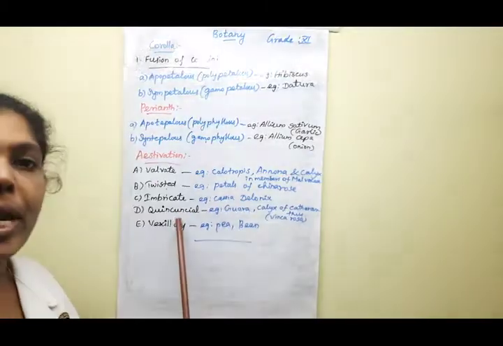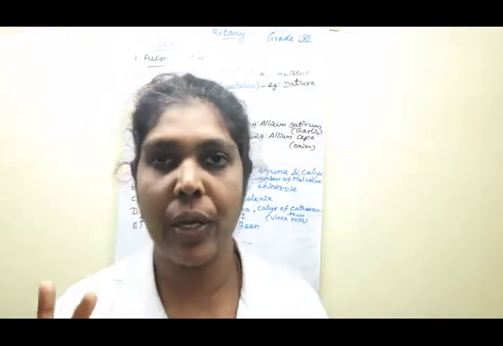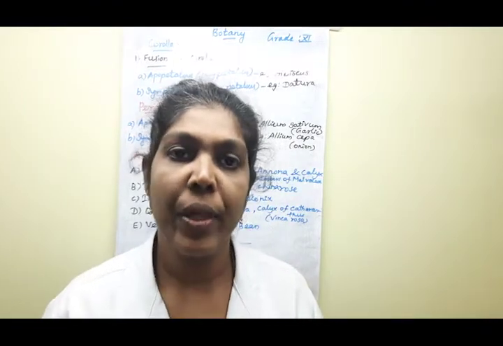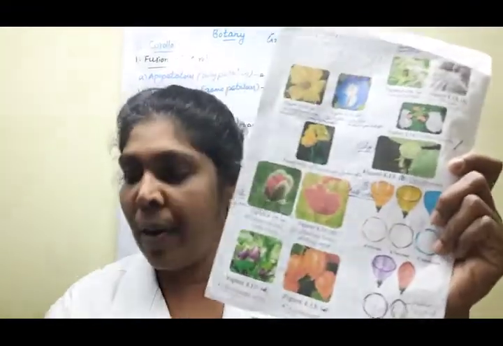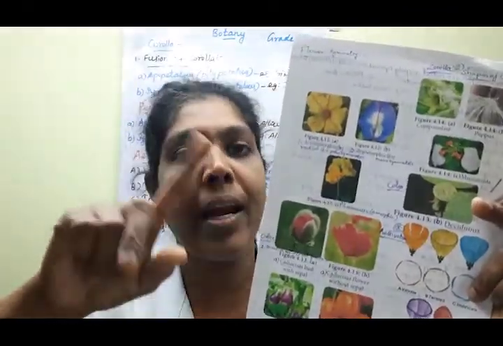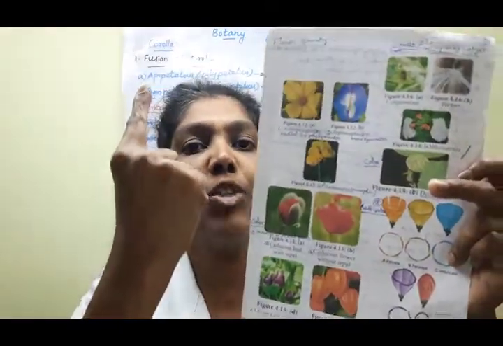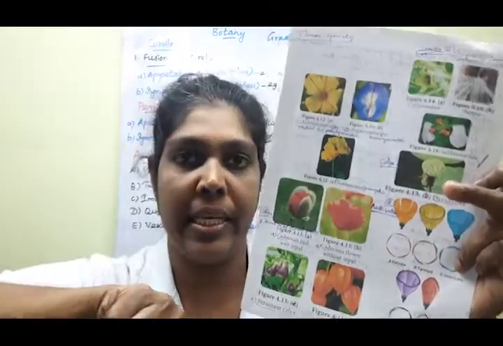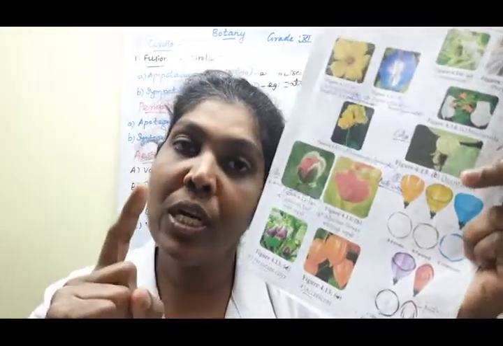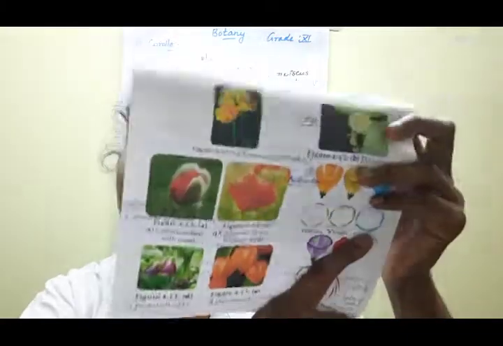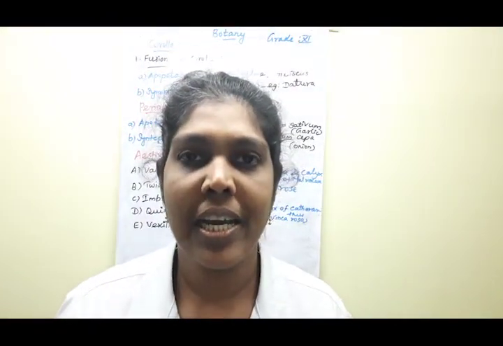The next 2 types are quincuncial and vexillary arrangements. Okay, quincuncial means, all of you listen. There also, suppose 5 petals are there, either petals or sepals. First, 2 petals are completely in the interior position, inside direction, and 2 are completely in the exterior direction, and the remaining one has one margin interior and the other margin exterior. Understood, ma'am? That type is known by what name? Quincuncial. This comes from the imbricate estivation. From imbricate estivation only, the last 2 types are derived: one is quincuncial and another one is vexillary estivation. Are you understood, children? Have you got the idea?